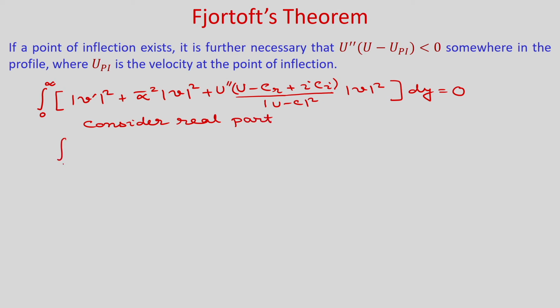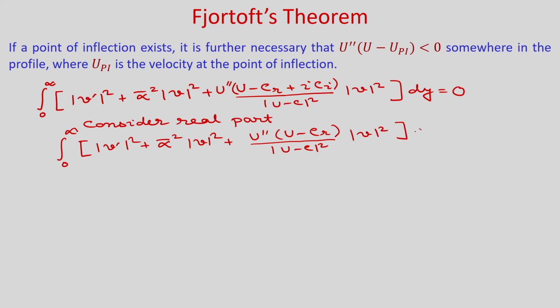So, you can write integral 0 to infinity of mod v prime square plus alpha bar square mod v square plus u double prime (u minus c r) over mod u minus c square, mod v square dy is equal to 0.